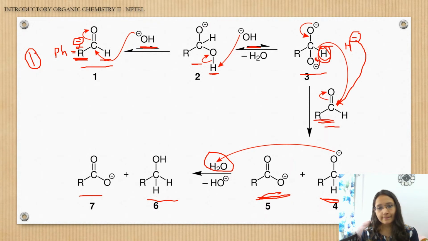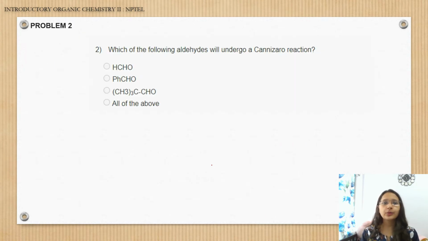Yes, ma'am. Okay. So if you understand this, then coming back to the question, they are asking which of the aldehydes will undergo a Cannizzaro reaction. You have to just identify which aldehyde will give you a Cannizzaro reaction. Now you have this formaldehyde, this benzaldehyde, this isopropyl aldehyde.